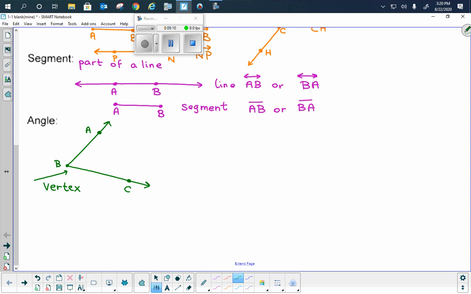Now let's say I put a number 1 in here, and I say, let's enclose number 1, that angle. So what we're trying to talk about, guys, is this angle right here. Okay, from this wall that would be ray BA, and the other wall, which would be ray BC. Okay, the way we're putting it in here.